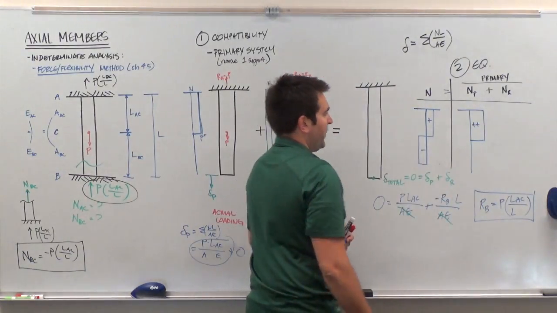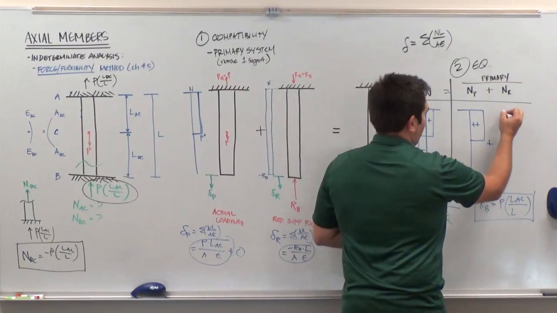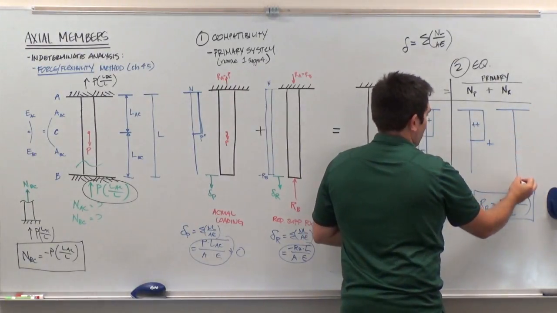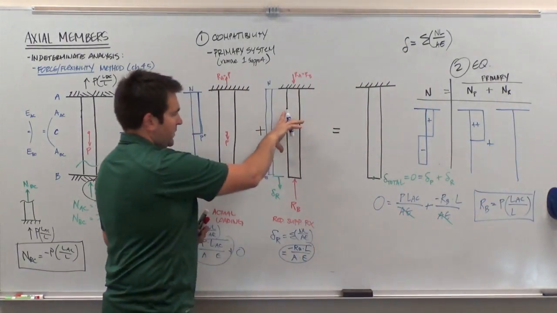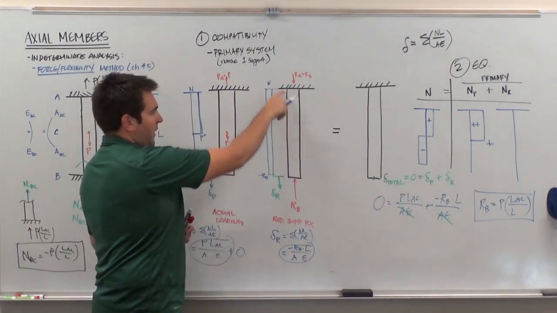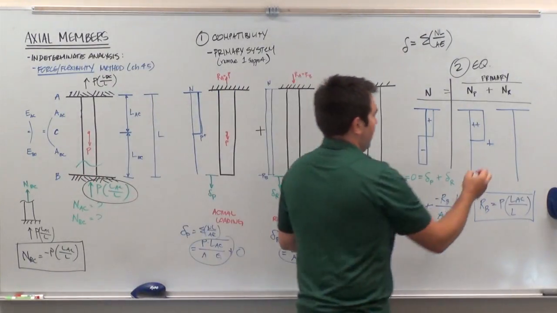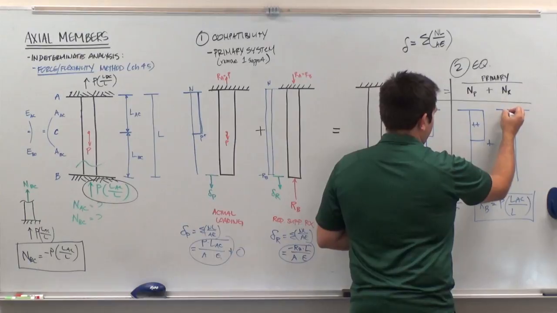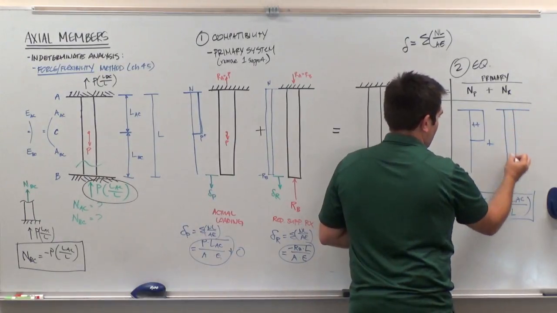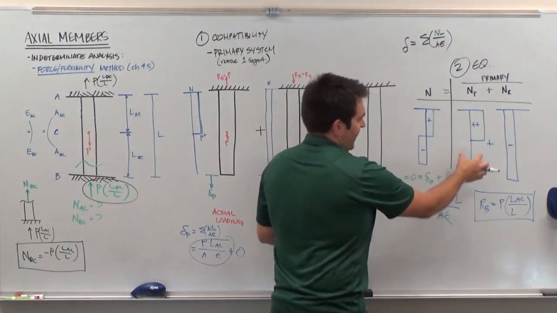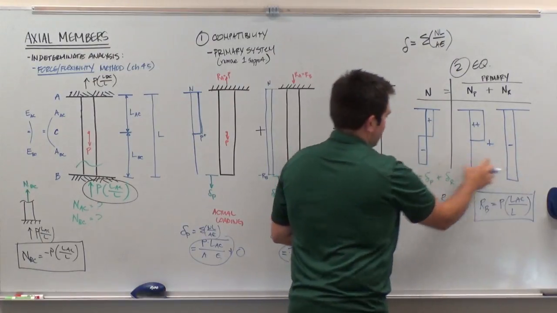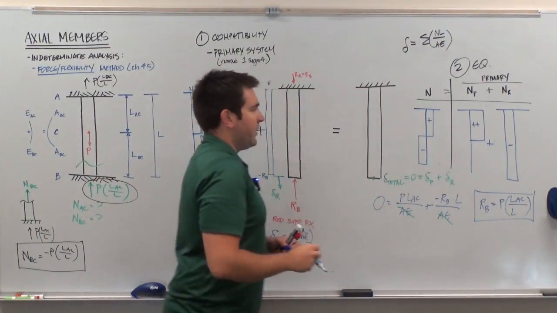But I add together the normal force diagram due to the redundant support force, and that's compression the entire height of this member. So that's some negative value here.